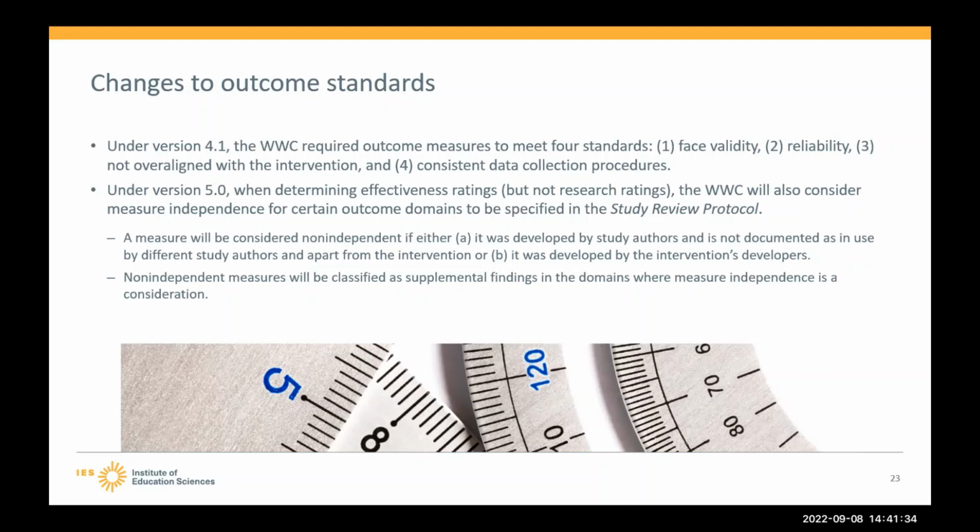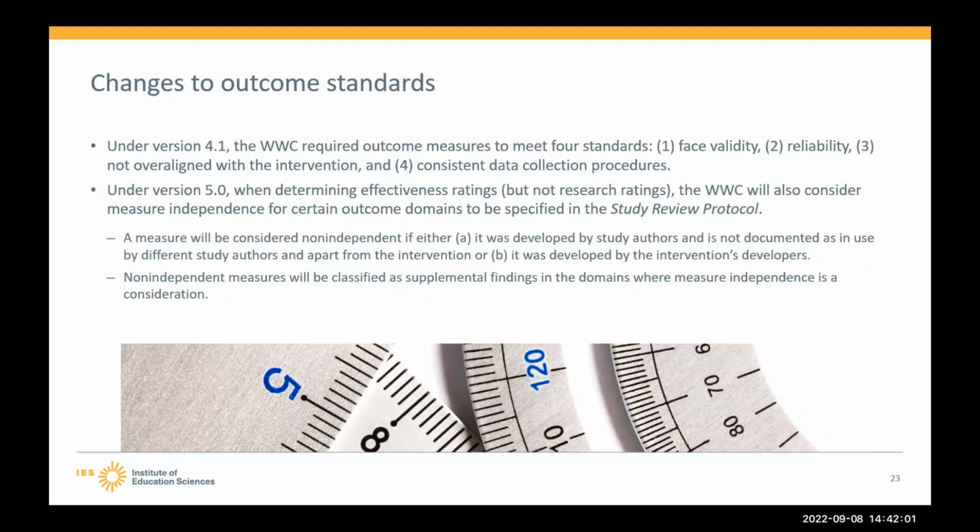And so the WWC defines a non-independent outcome measure as one that was created by the study team or the intervention's developers. Now, the WWC, however, will consider a measure to be independent, even if it was created by the study team or the intervention developers, if the study provides evidence that that measure is in broader use beyond just the study that's under review.